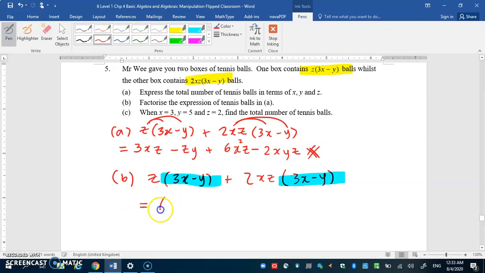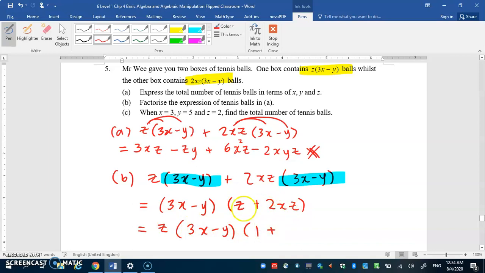So when you factorize, you pull out the entire bracket 3x minus y, and in your second bracket you'll have z plus 2xz. Now, this z and 2xz still has a common factor z, so you pull out the z as a common factor, put it right in front, and in this bracket now you will have z divided by z is 1 plus 2xz divided by z is 2x. So this is your fully factorized form for part B.